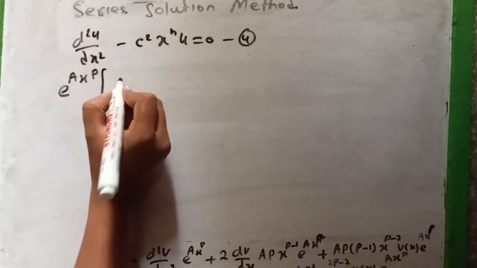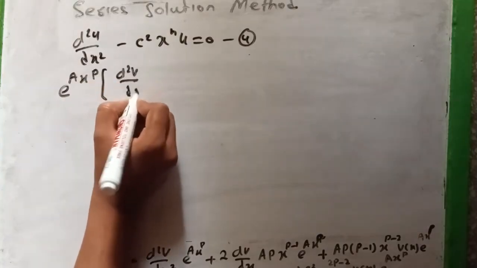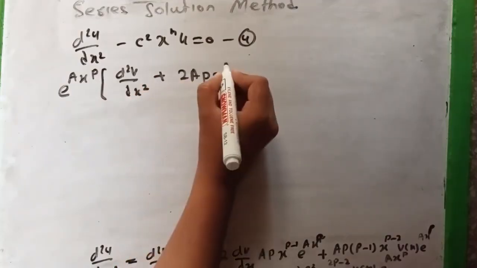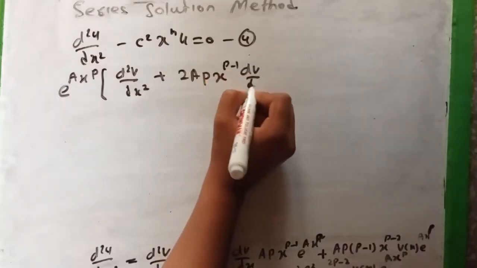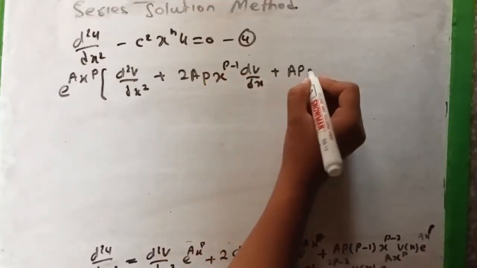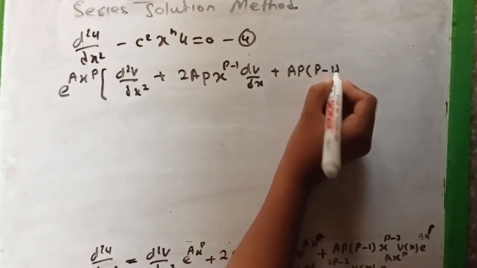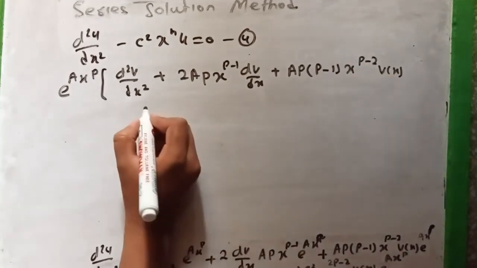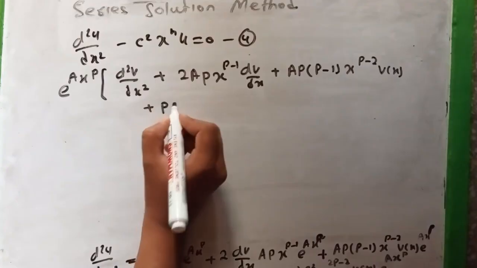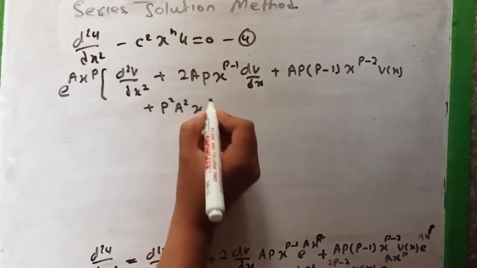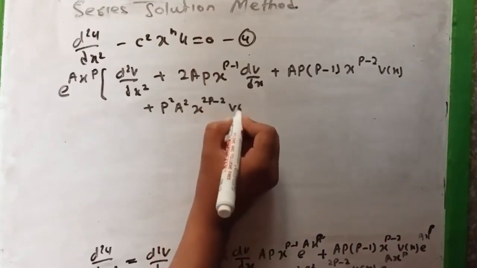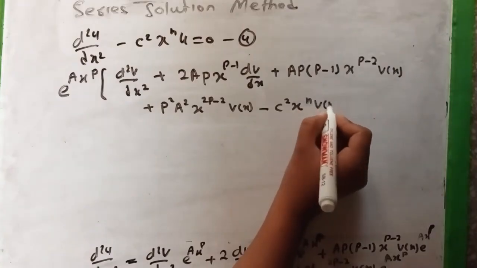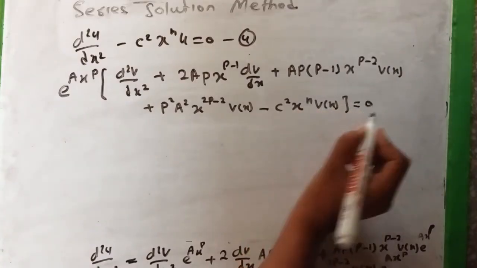So the remaining becomes d square v over dx square plus 2 a p x raised to power p minus 1 dv over dx plus a p multiplied by p minus 1 x raised to power p minus 2 v of x plus p square a square x raised to power 2p minus 2 v of x minus c square x raised to power n v of x is equal to 0.